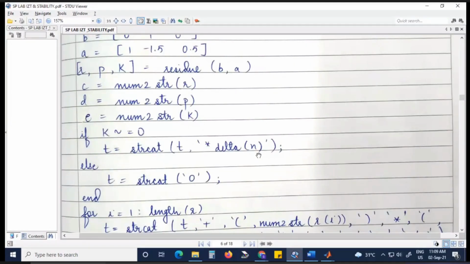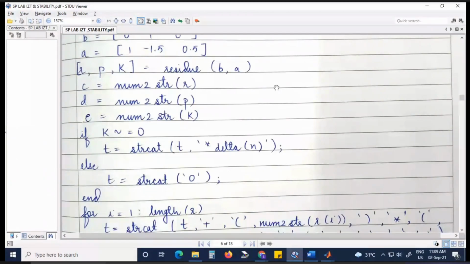Once you divide, it will come in the form of a small ratio, like b1 by z minus a.